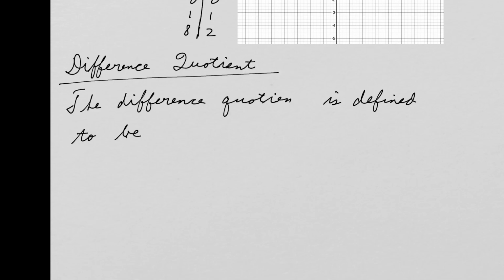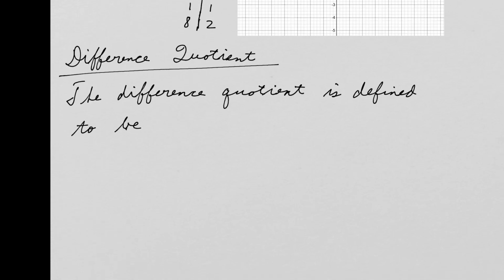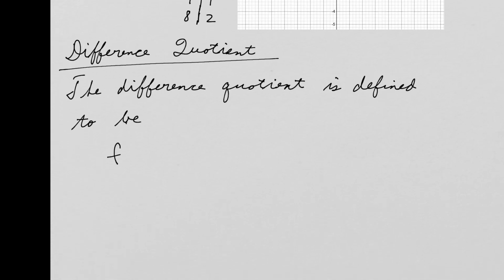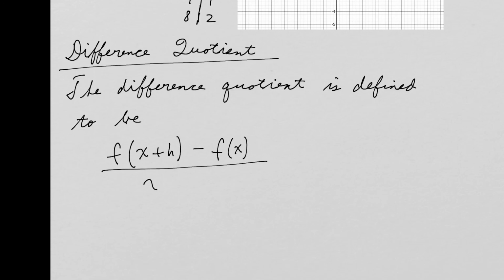Let me fix this too, since I can. It's defined to be this expression: a function of x plus h minus a function of x, divided by x plus h minus x.